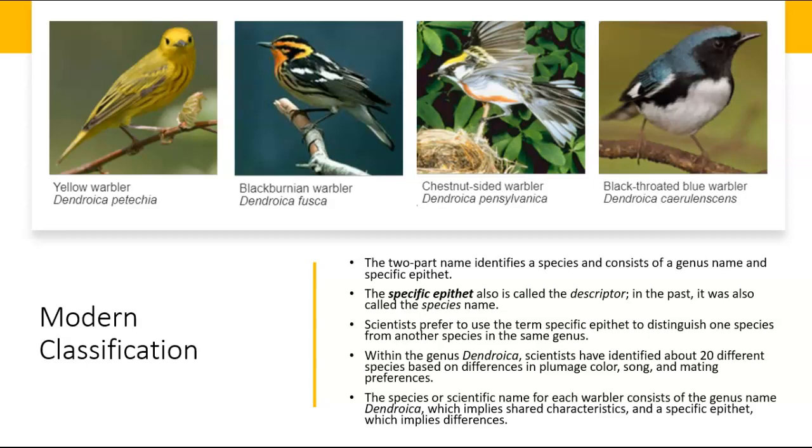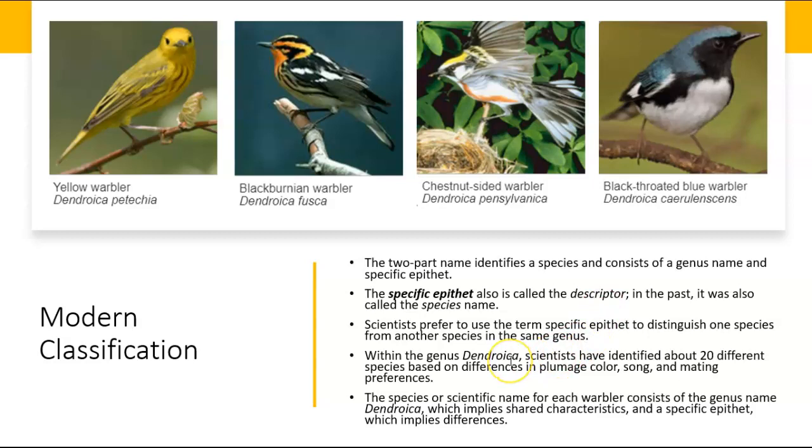We used to refer to that as species, but now it's more widely described as specific epithet, which means it's the descriptor. This is the name that makes them specific to their species.